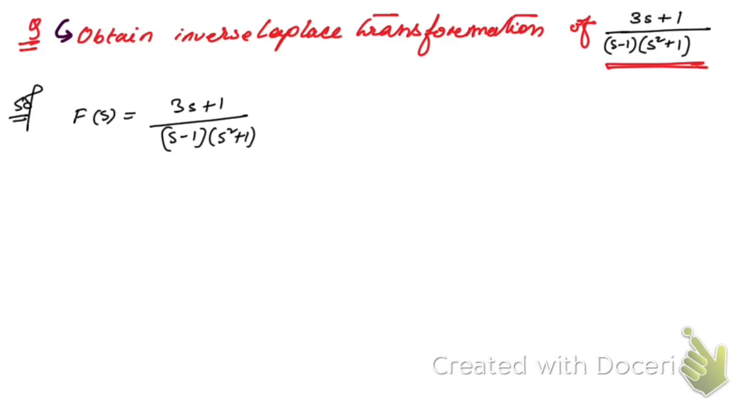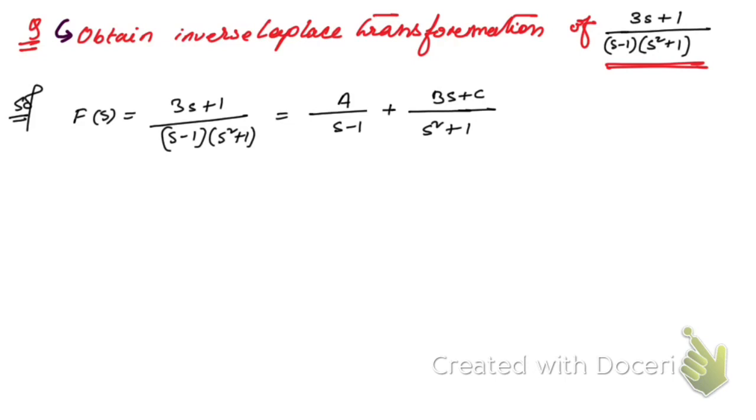So here you see, let us consider this as a by s minus 1. I'm going to use the partial fraction method, okay? So now b s plus c, as this part is quadratic, so here we have to consider bs plus c, right? Then s square plus 1.